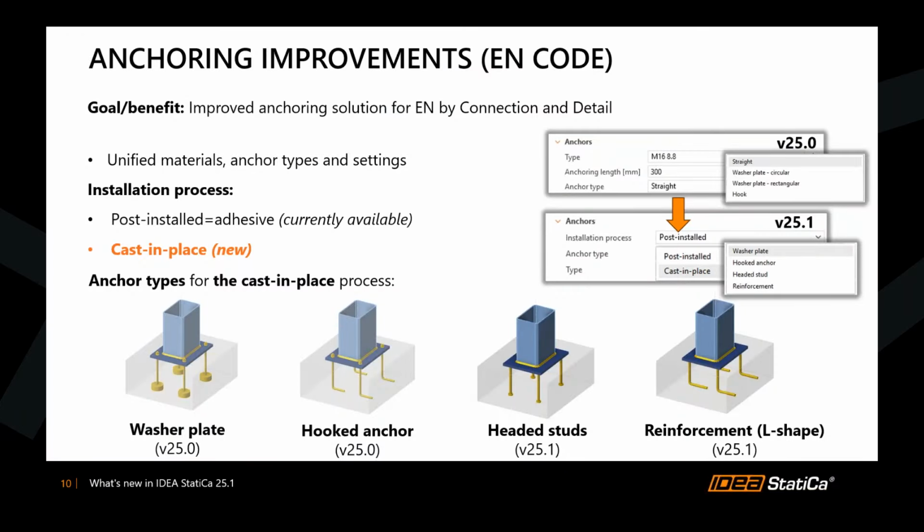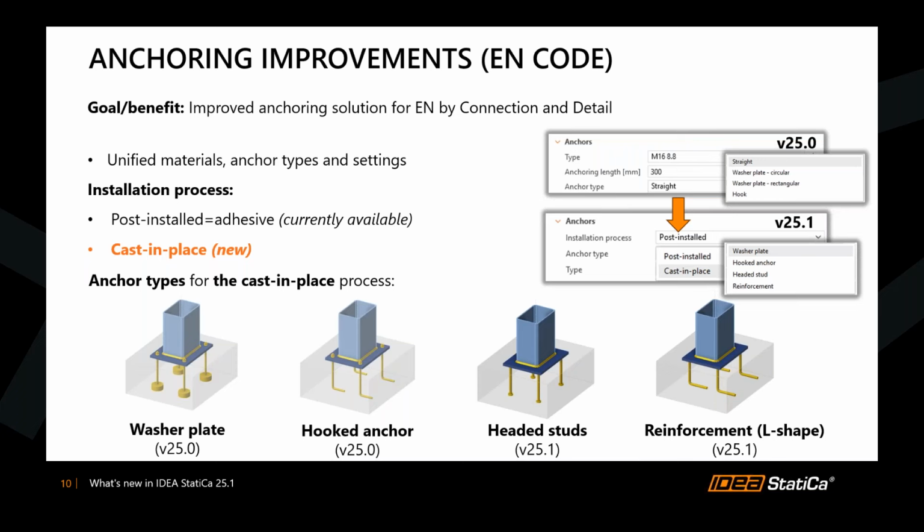We have done a lot of improvements, especially in the Eurocode, and we have an improved anchoring solution for the Eurocode in Connection and Detail. What we have done is unify materials, anchor types, and settings for these entities across the Connection and Detail applications.